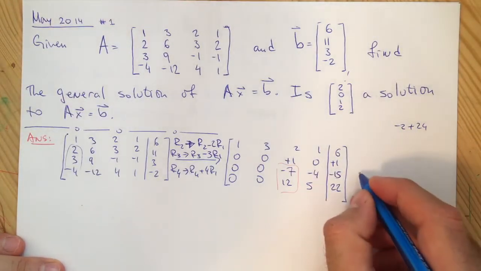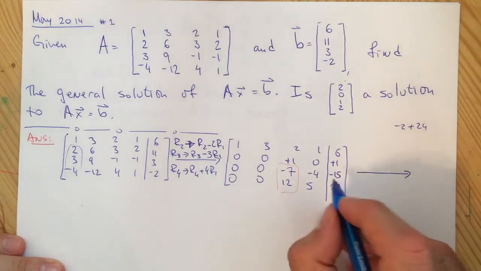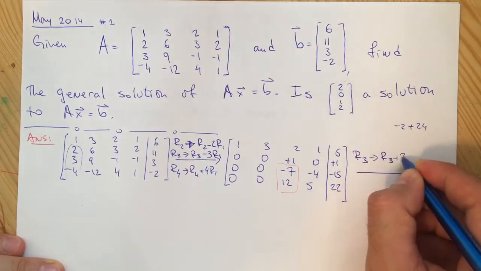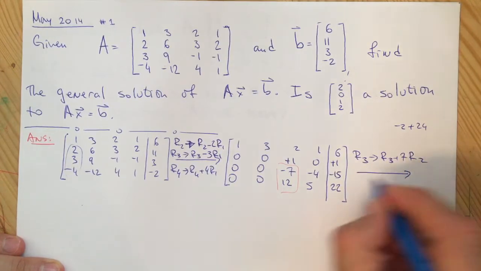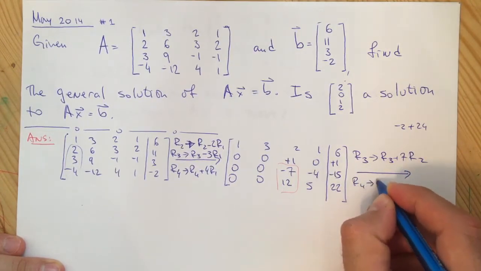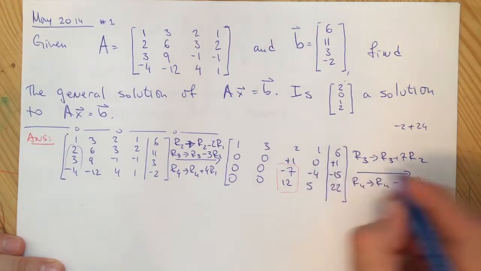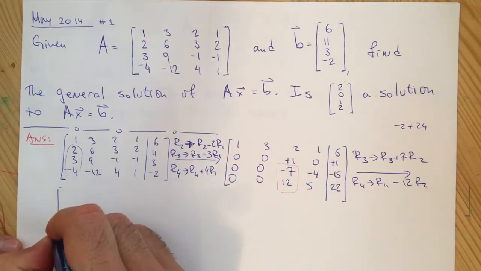Okay, so row 3 becomes row 3 plus 7 row 2, and row 4 becomes row 4 minus 12 row 2. And let's see where that is going to lead us.